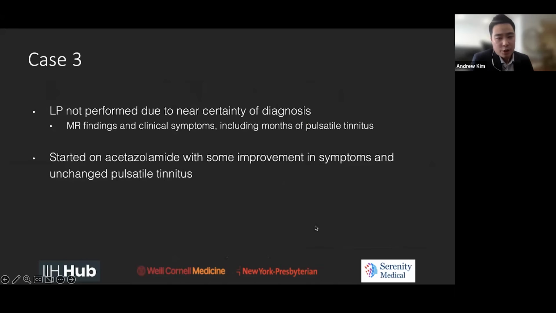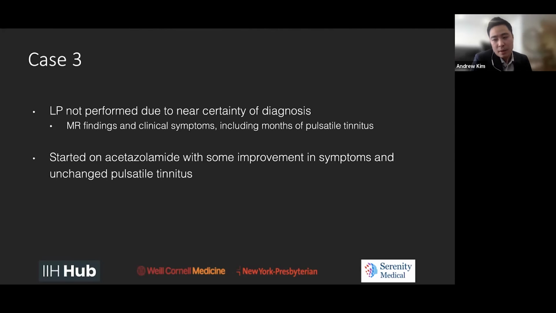So in this case, the patient had a lot of the findings that you would commonly see in IIH, and given the patient's blurry vision and the at least moderate to severe papilledema, an LP was actually decided not to be performed at this time due to near certainty of diagnosis.